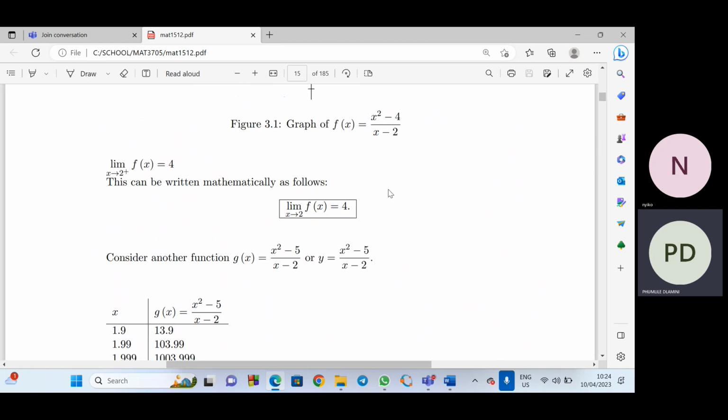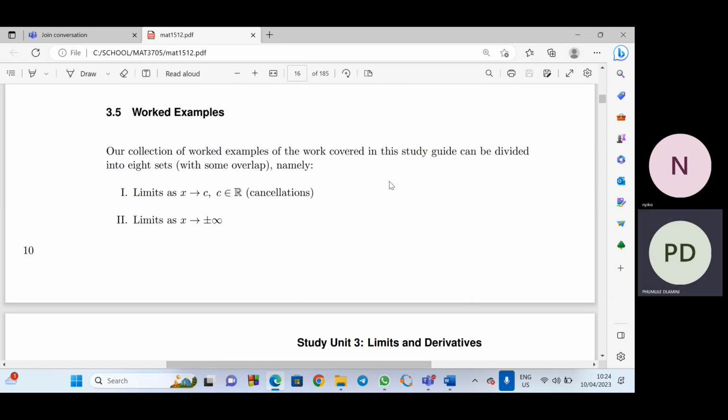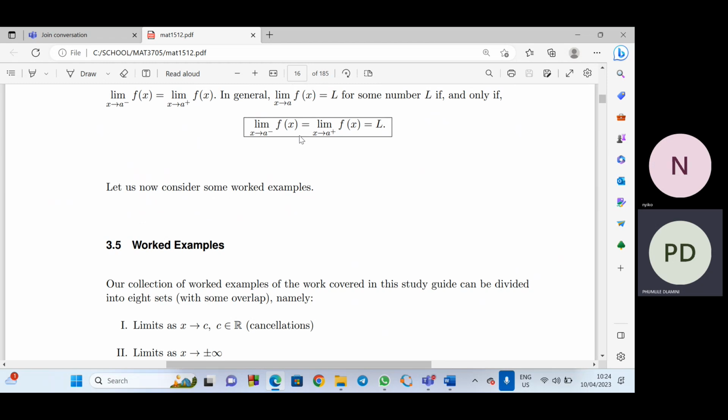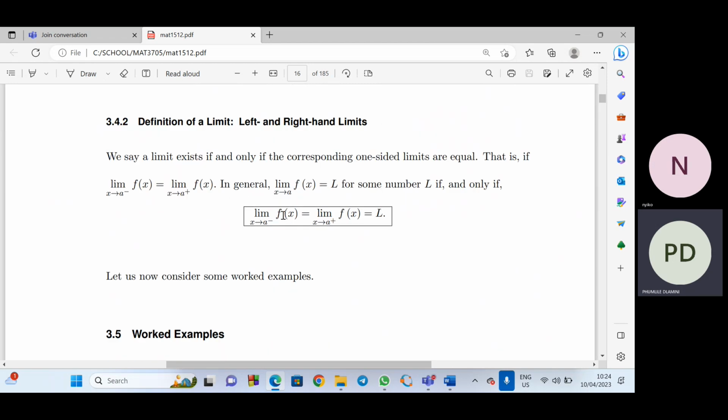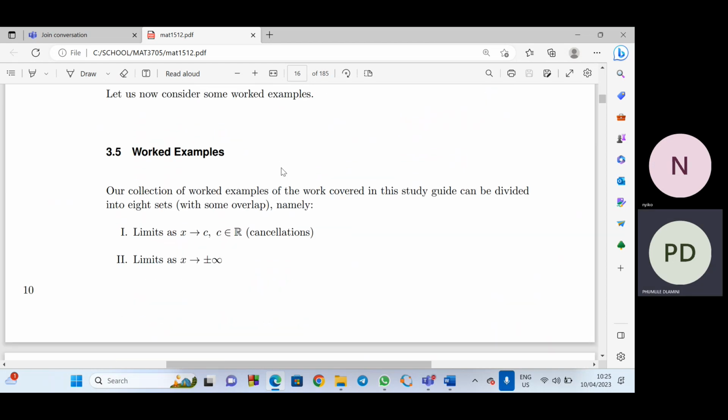So if L equals the limit, and the left and right limits are equal, then it means that the limit of f of x exists, the way I've written it there.